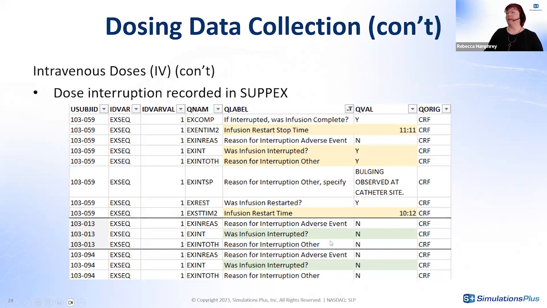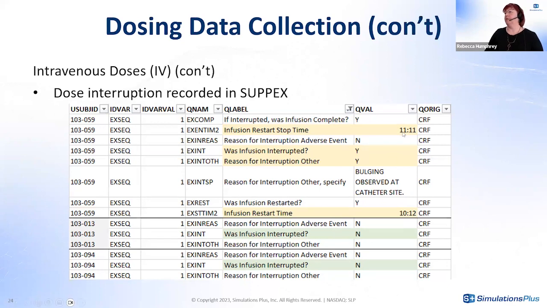As well as understanding if it was interrupted, if it was interrupted, they collected and recorded a restart time as well as the restart stop time. They recorded if the infusion was complete as well as the reason for the interruption.